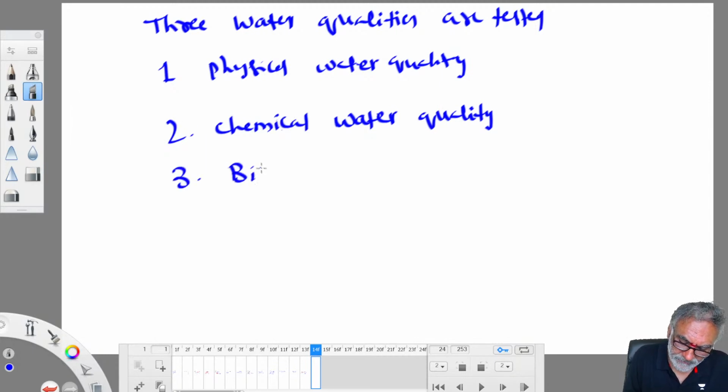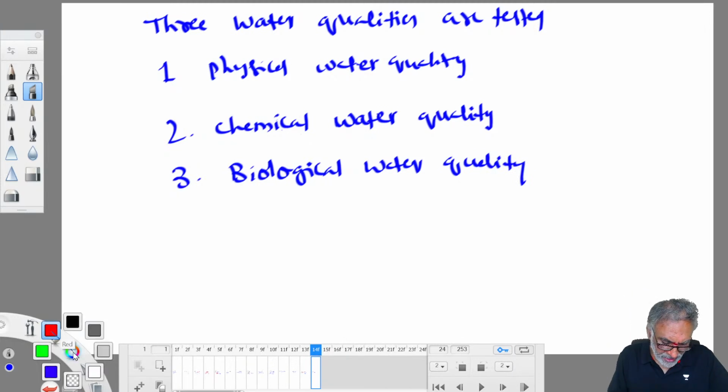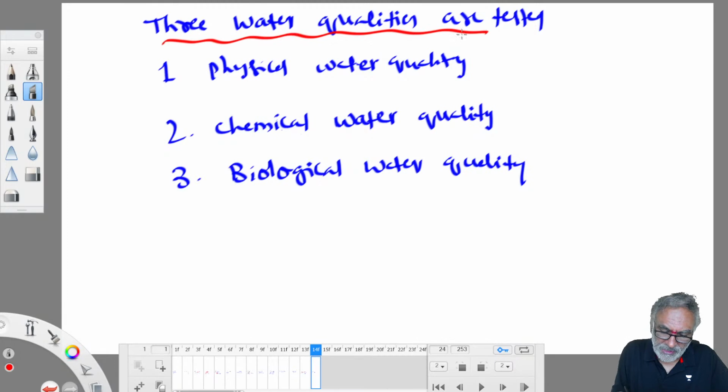Three is biological water quality. Okay? Three water qualities we test: physical, chemical and biological water qualities.